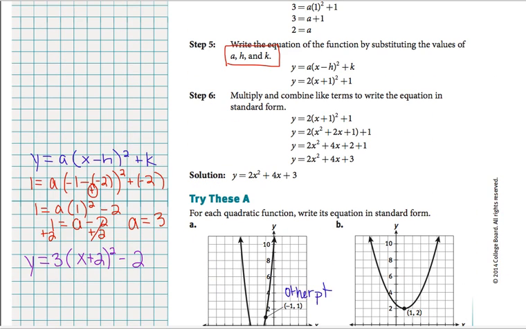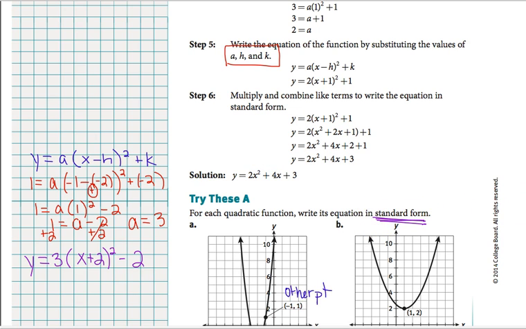And now we have an equation for our parabola in transformation form. But it says to write it in standard form.